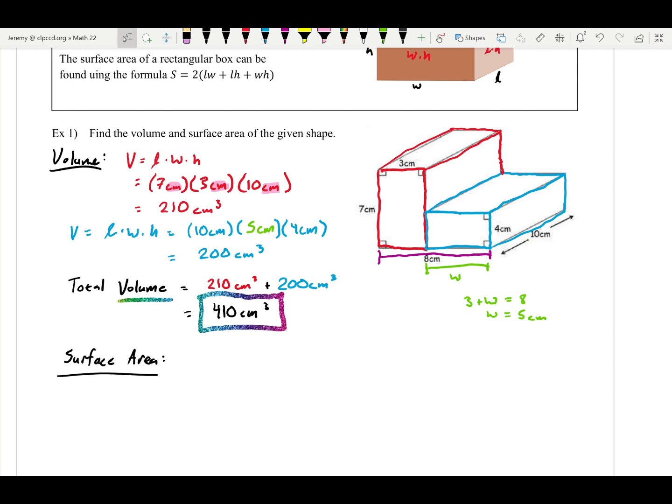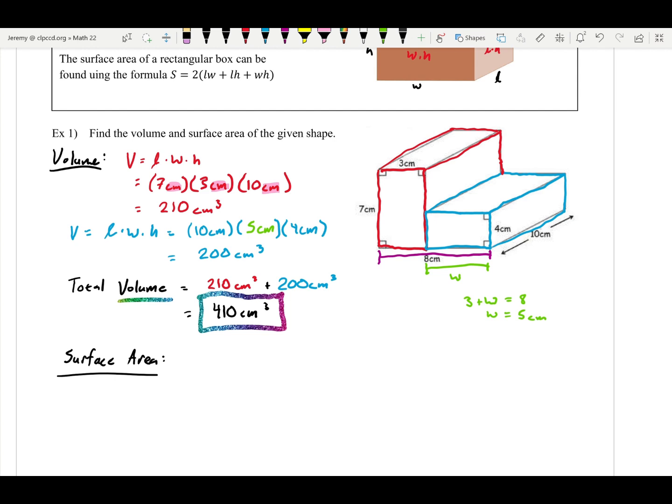The weird surface that I see in this picture is this L-shaped surface right here. And I don't have a formula for L-shaped surfaces, so I'm going to continue with this interpretation of having the red box and the blue box, and we'll work off of that.